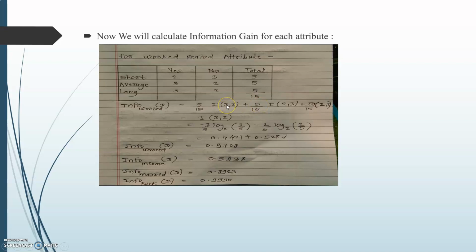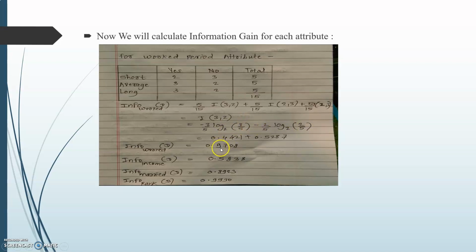As in the set, 3, 2 and 2, 3 have the same value, we will calculate only one value, that is 3, 2 and 2, 3. That will be easy. So the value for I(3,2) will be calculated as minus 3 by 5 log to the base 2 of 3 by 5, minus 2 by 5 log to the base 2 of 2 by 5.